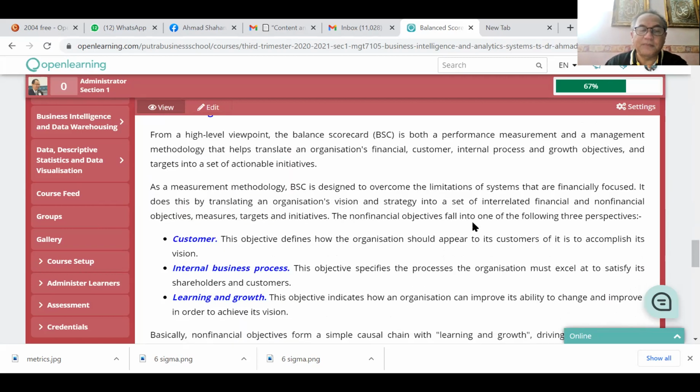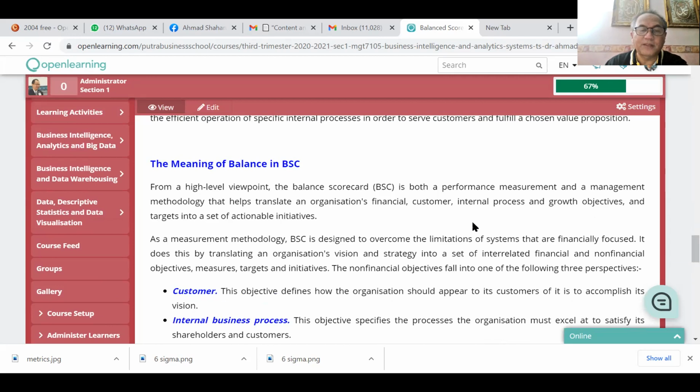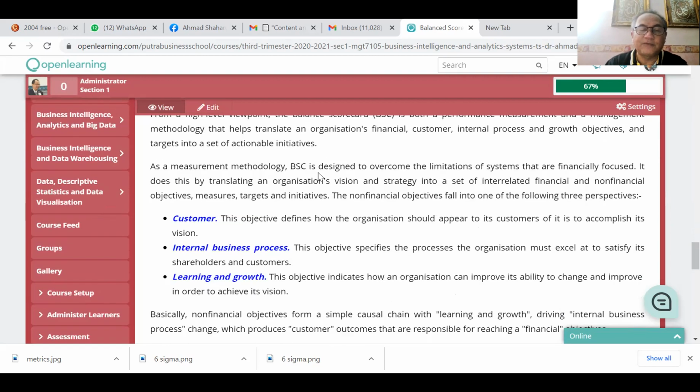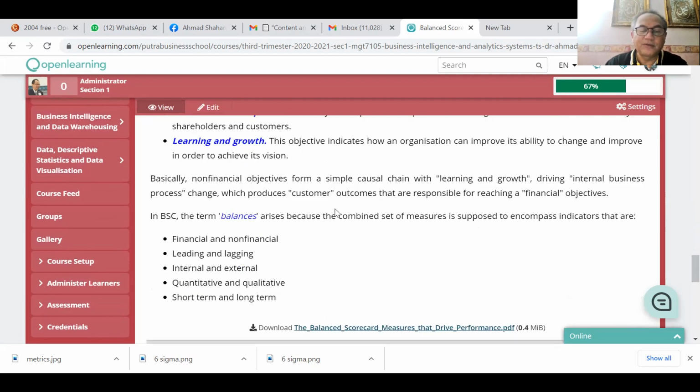So what does it mean by balance in the balanced scorecard? We need to have balance between the financial and non-financial objectives. So in balance, you need to have financial versus non-financial. We have leading and lagging.